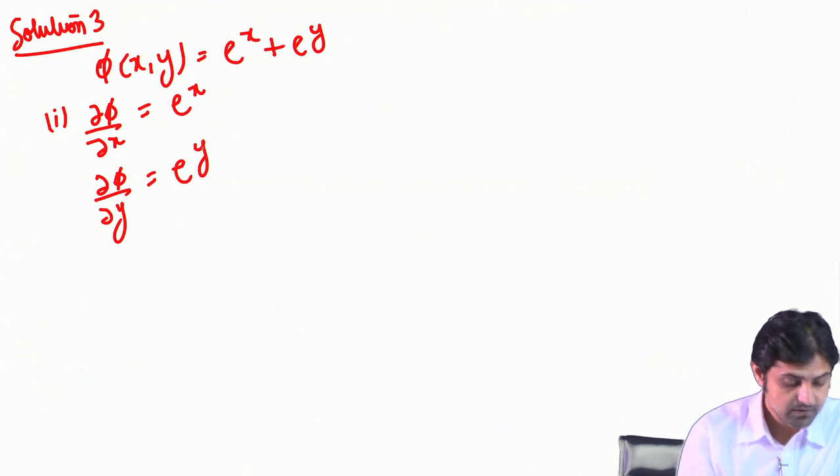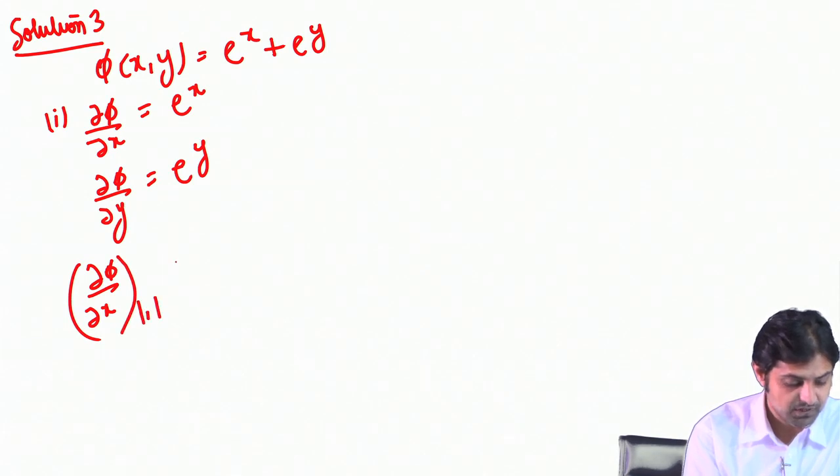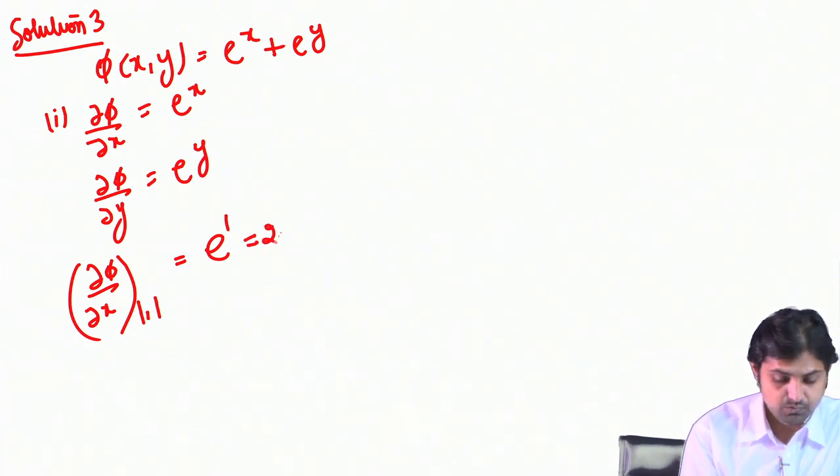Okay, so we have to calculate del phi del x at 1 comma 1. It's going to be e to the power 1 or 2.7183.